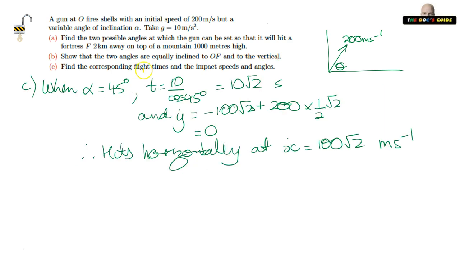Then in part C, find the corresponding flight times and the impact speeds and angles. Now I'm only going to do one of these because it's just a repeat of the process.